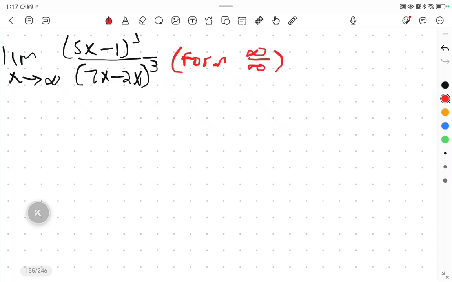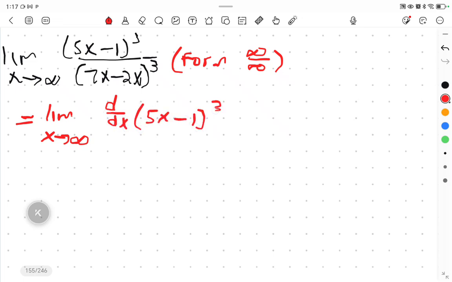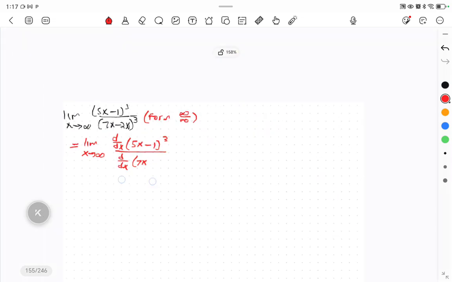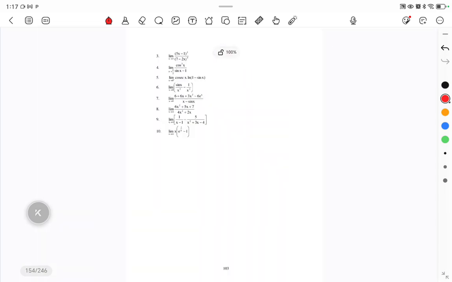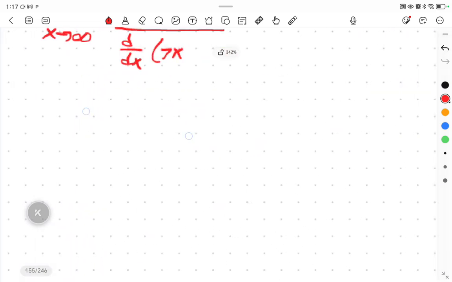You see, right? So this will be equal to the limit as x approaches infinity. Now I can derive the numerator and denominator. Minus 1 to the third all over the derivative of 7, is it 7x minus 2x? No, it's impossible. 7 minus 2x.